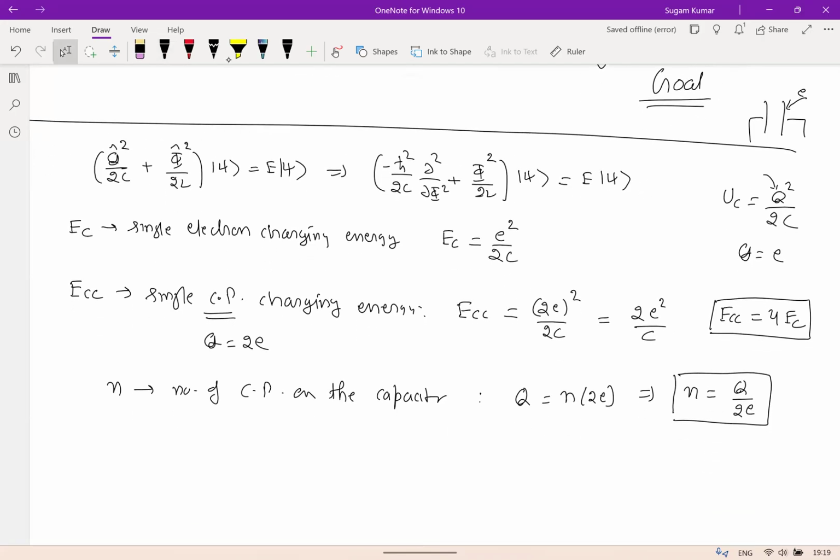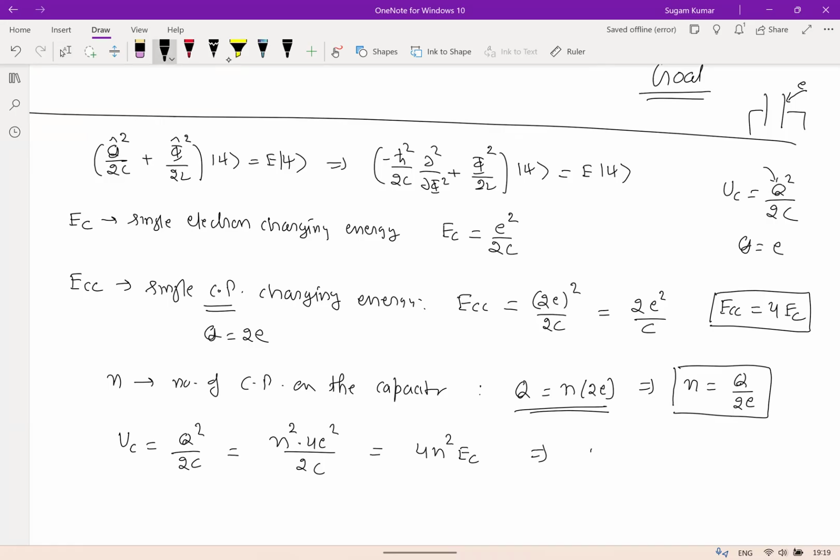And from there, this UC, which is nothing but Q square by 2C, becomes n square and 4E square upon 2C. And that is going to become 4n square into EC. So this equation we will need frequently: 4 times EC into n square.